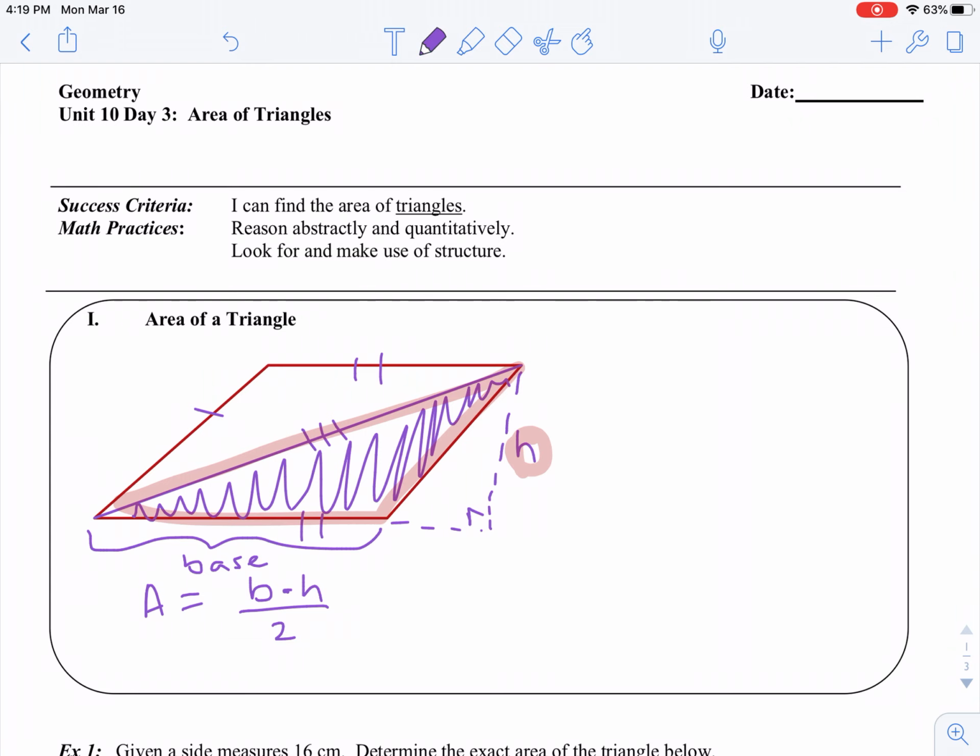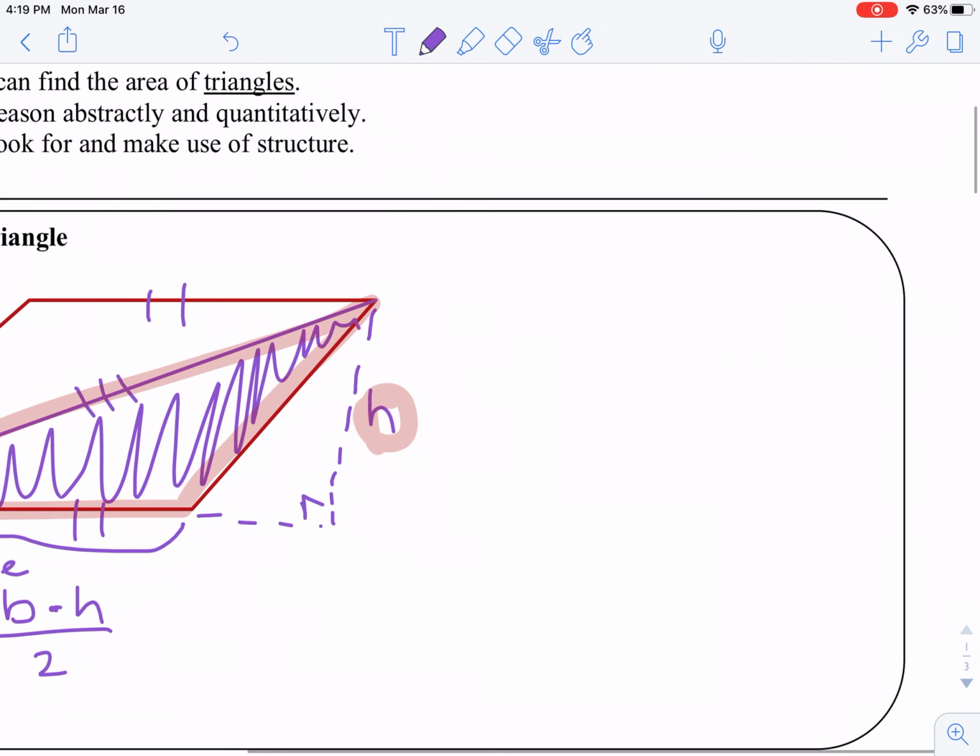So there are 3 triangles that you might see or think about. One of them is our traditional right triangle. You've probably thought about that one a lot in your life. That's the easiest one to think about because we have our base and we have our height. So our area is half of that base times height.